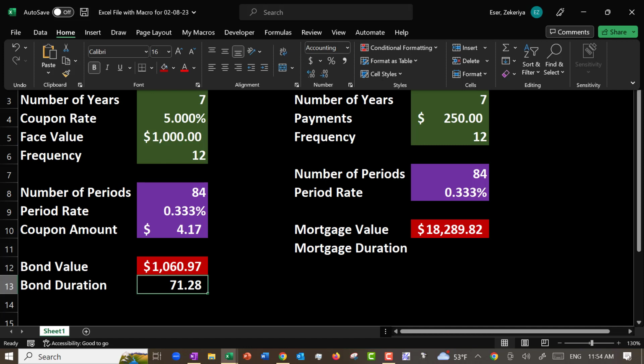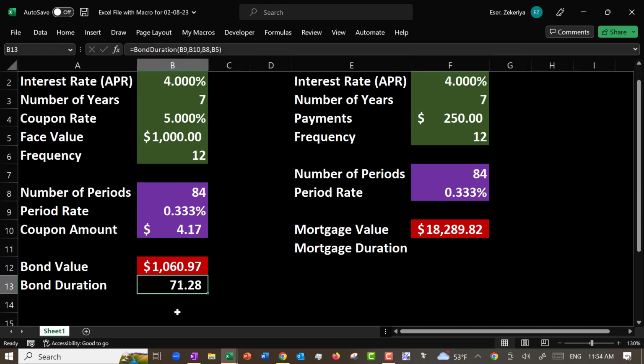This number doesn't have a dollar figure. This is basically the number of periods. So in this case, the average number of periods, right? So if I divide that by frequency, that's going to tell me that bond duration is about 6 years.